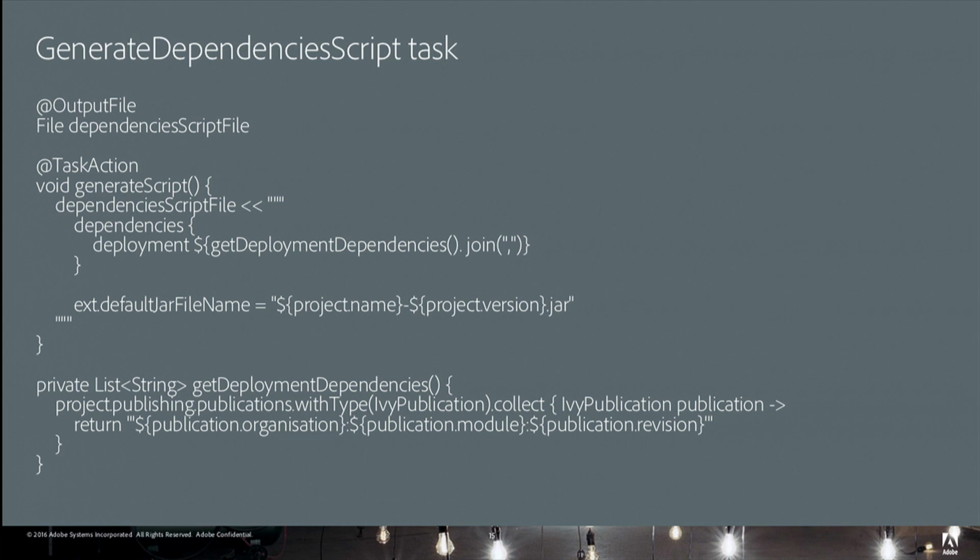And so at the bottom there, the with type Ivy Publication, anything that had that would be automatically included in the deployment. It had a new configuration called deployment, and it would be built with all of those.